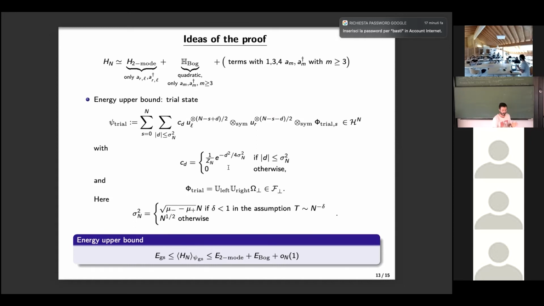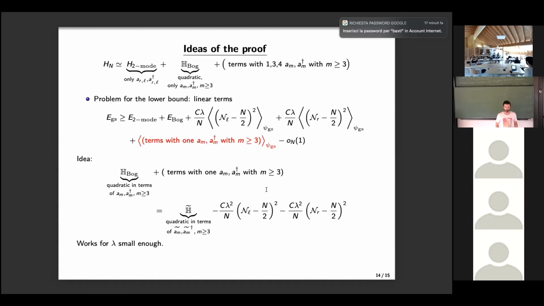So there is no problem like ordering or anything like that. And this is the trial state. Then with some effort, one computes and gets the energy upper bound.